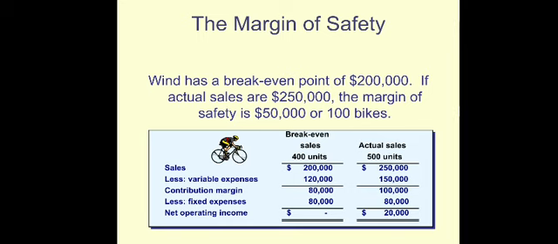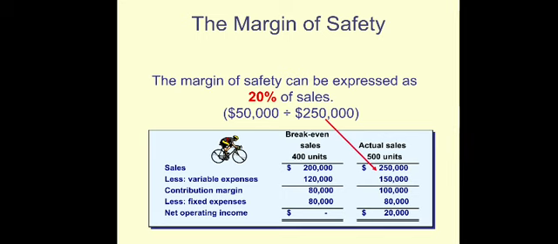In terms of units, it is 100 bicycles. Margin of safety also can be expressed in terms of percentage. You divide the 50,000 by the actual sales of 250,000, so the margin of safety is 20% of sales.